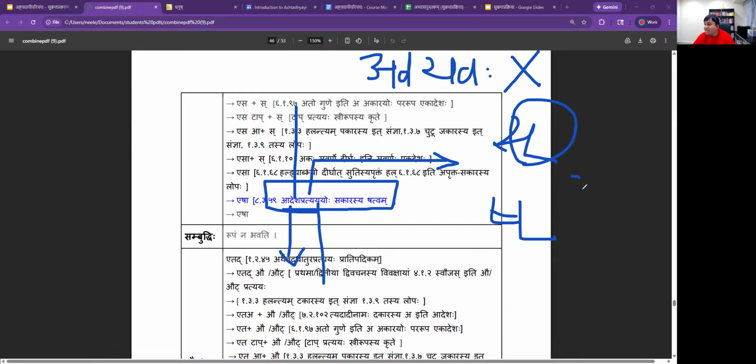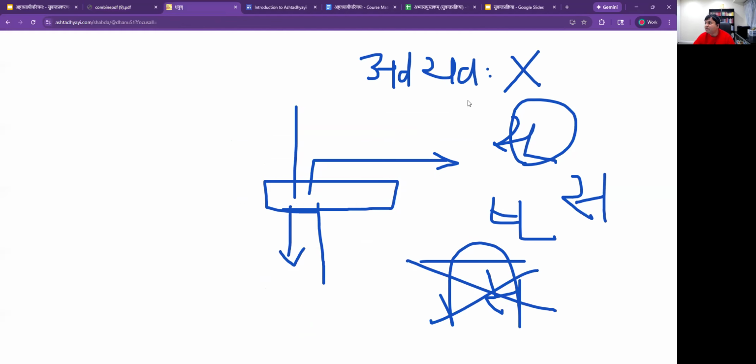So if the adesha is a full sakara it works, but if the adesha is like C then sakara is only an avayava of that adesha. Avayava on the adesha is not permitted; avayava only on the pratyaya is permitted.